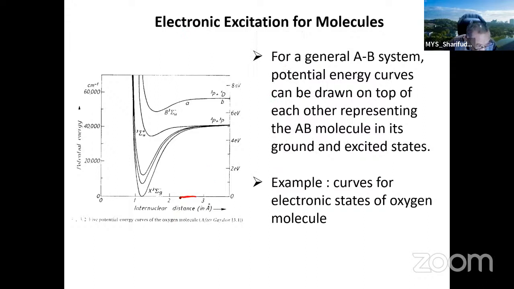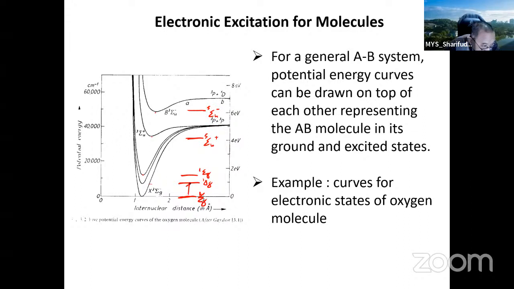So we have one energy level there, and then somewhere here, another one, and another one there, and that one. So we can label them 3 sigma G, and this one is actually 1 delta G. The one above is 1 sigma G, and this one will be 3 sigma U plus, this one will be 3 sigma U minus, right?